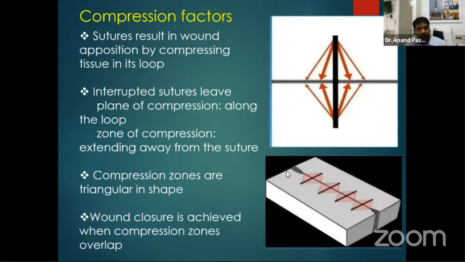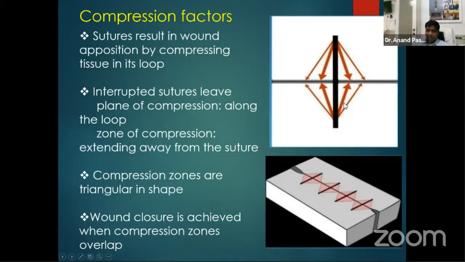Let me come to the very important concept of compression factors. The most important thing is that the sutures result in wound apposition by compressing the tissue in its loop. If this is the laceration and this is the loop of the suture, the interrupted sutures leave a plane of compression along the loop, and the zone of compression extends away from the suture.